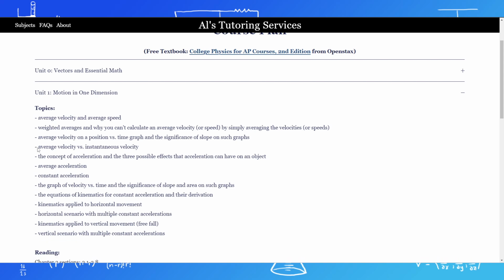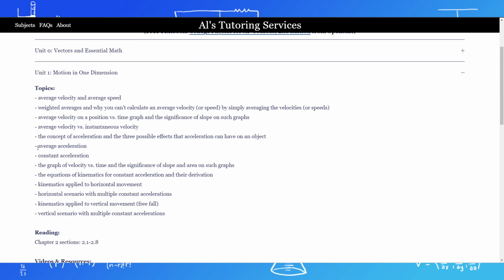Let me see, what else do I have listed here? We're going to look at position versus time graphs. We're going to talk about average versus instantaneous velocity. I think I did mention it a little bit two streams ago, but it doesn't hurt to reiterate that, especially in the context of position versus time graphs.